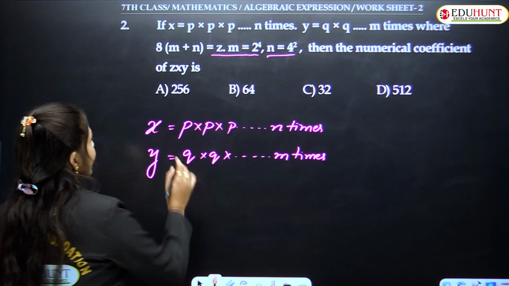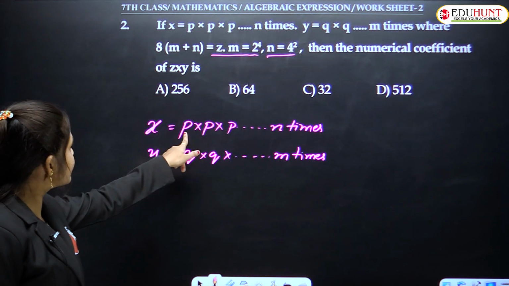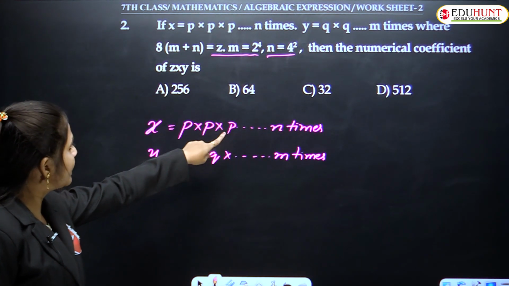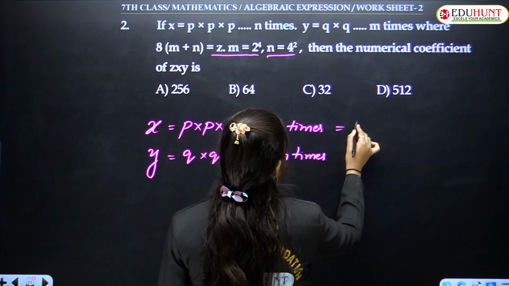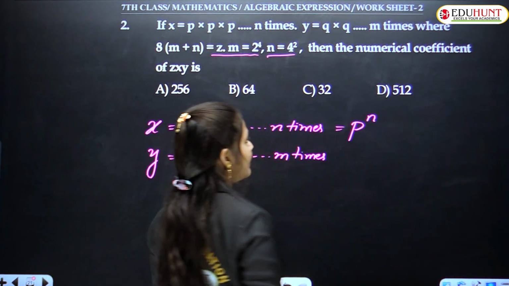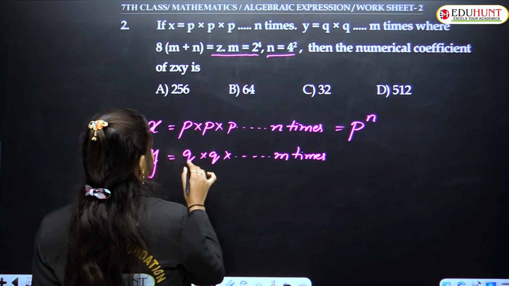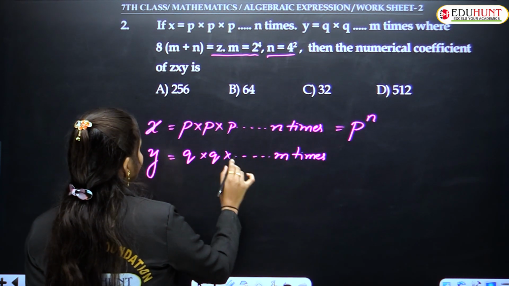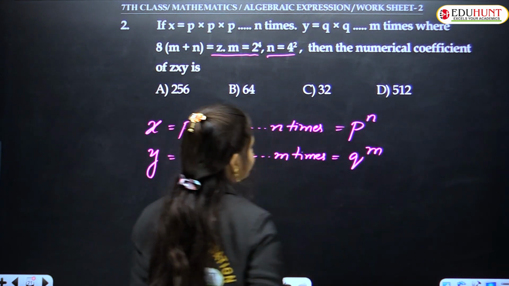See that x is equal to p into p, which is p square. In the same way, p into p into p is p cube. Here p is multiplied by itself n times, so we can write it as p power n. In the same way, y is equal to q into q and so on up to m times, so q power m.